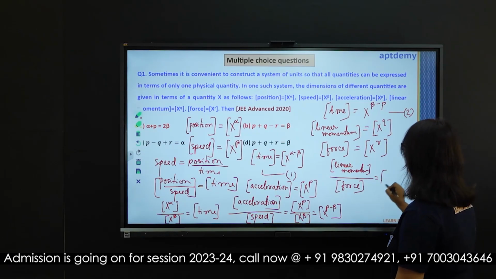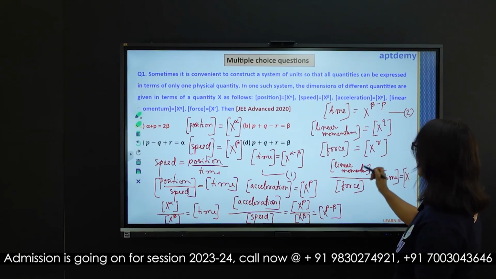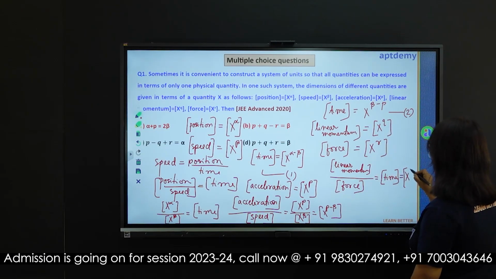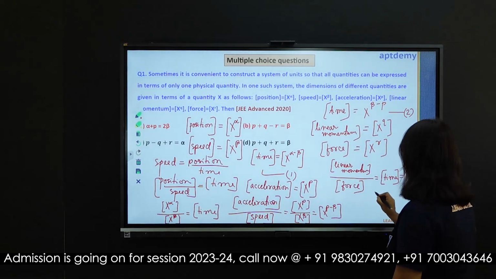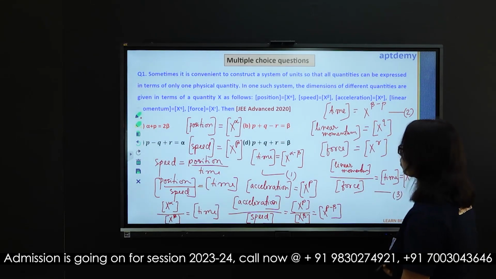So this is bearing the dimensions of time, and we see that dimensionally we may write it as x to the power q by x to the power r, which is x to the power q minus r. So this is also bearing the dimensions of time. So this is our third relation.